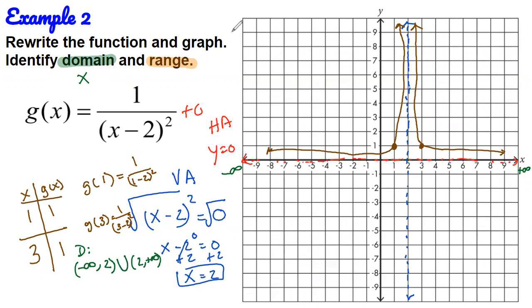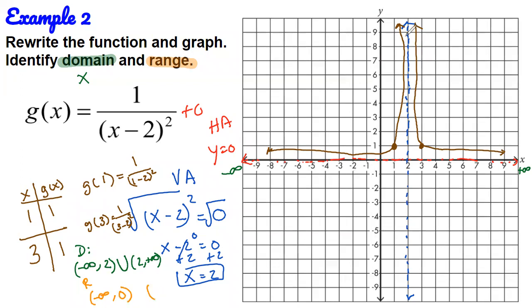Okay, now let's go ahead and do the same with our range. Let me come down from negative infinity. If I go from negative infinity, where do I stop? Not 2, at 0. So my range is from negative infinity all the way to 0.